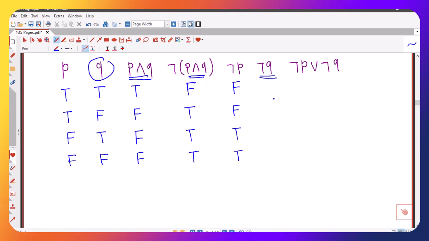Here I have T, F, so I will write F, T. Same thing for the remaining two combinations, F, T, F, T.